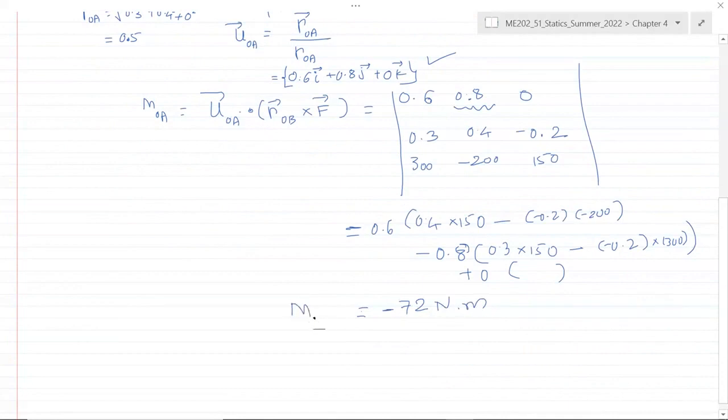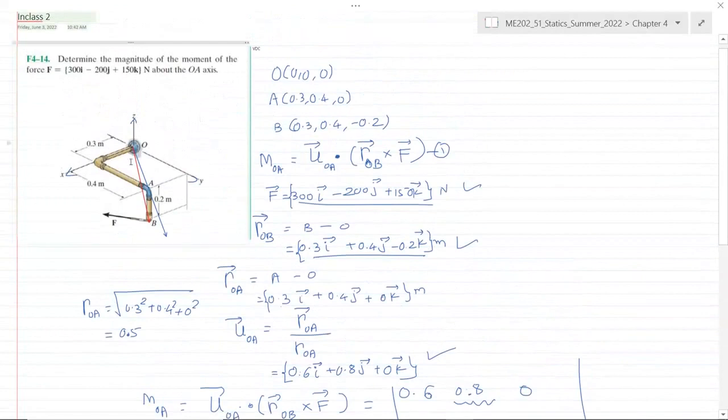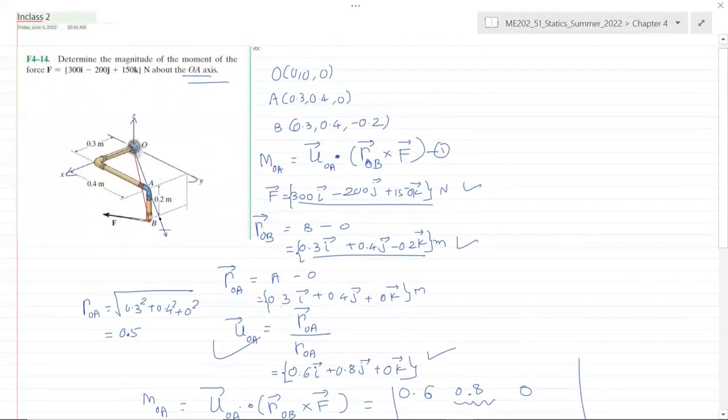That means the moment is about clockwise rotation, in the clockwise direction. That's our final answer. So let's look at the approach. We needed the unit vector along the axis of rotation OA, which we determined based on the position vector. Then we need the position vector R between the axis and the point of the force. We selected O and B as our two points.